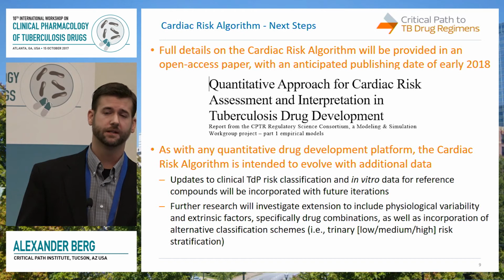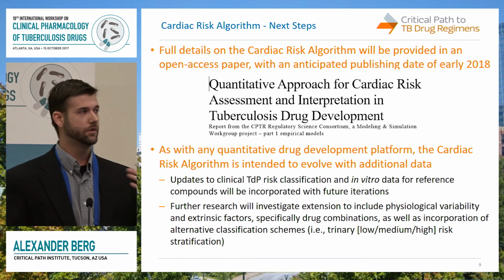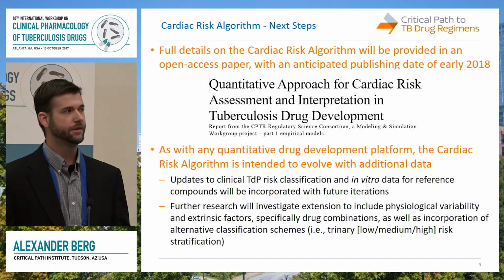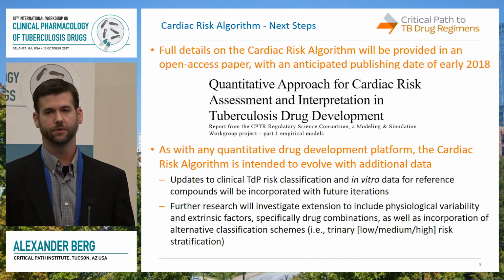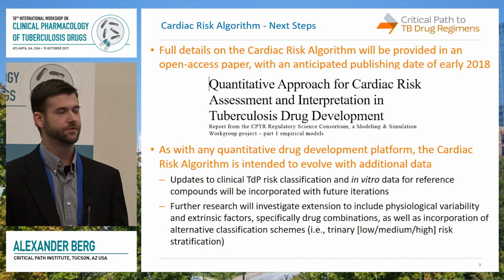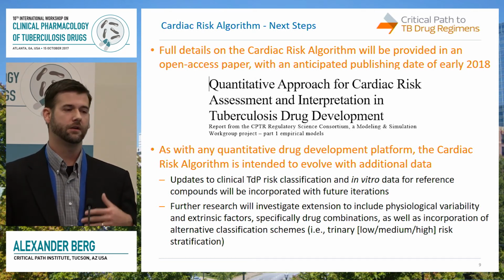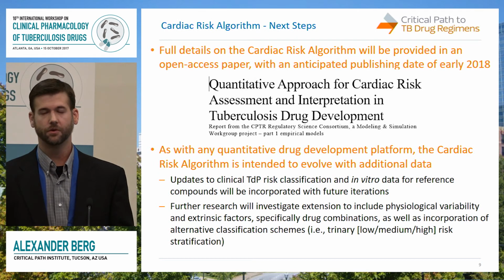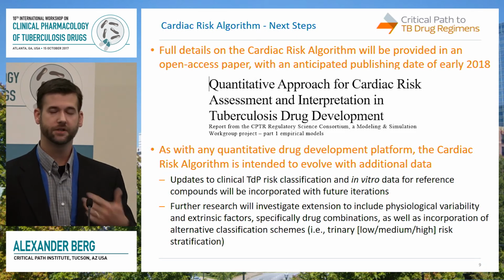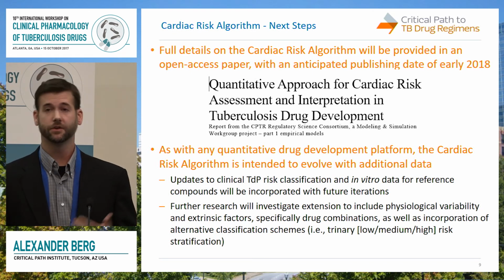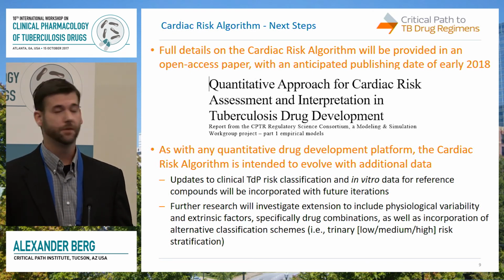One other point is that, as with any quantitative drug development platform that the CPATH works on, we intend to update this with emerging data. So this is essentially the first version of the risk stratification algorithm. However, as more compounds become available, we could potentially rerun the model with a greater data set, or if some of the classifications on the learning set compounds change, we would update the model.